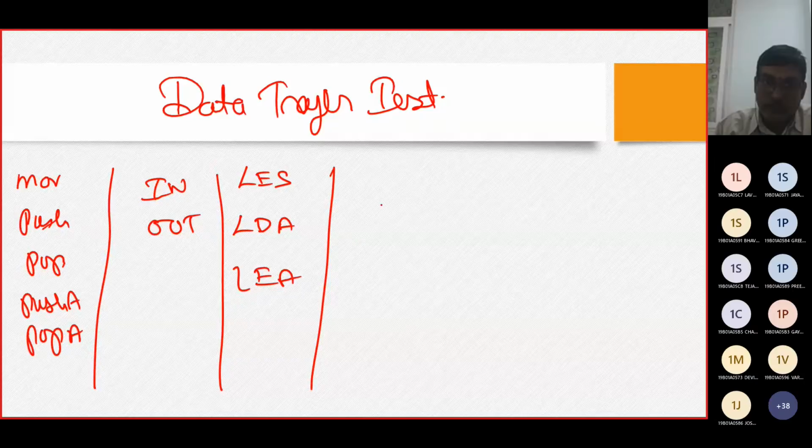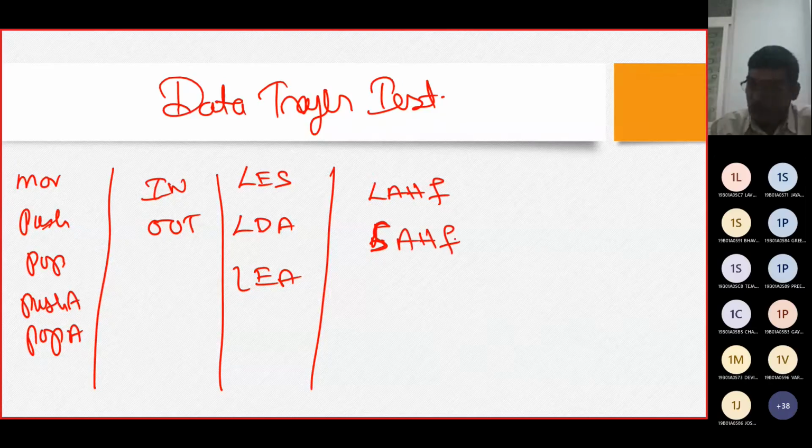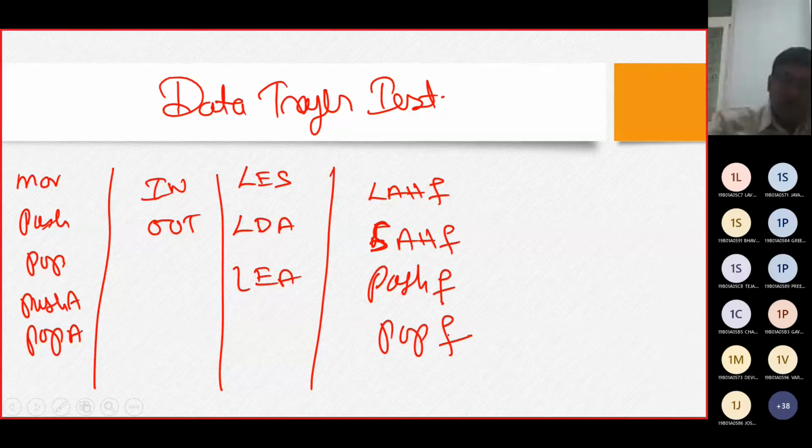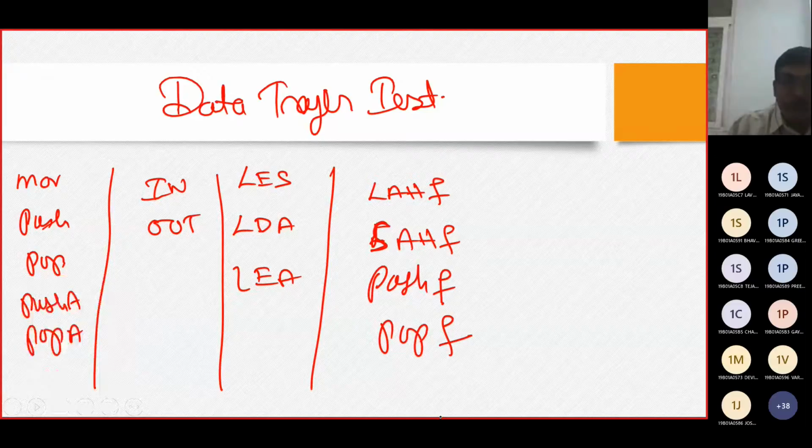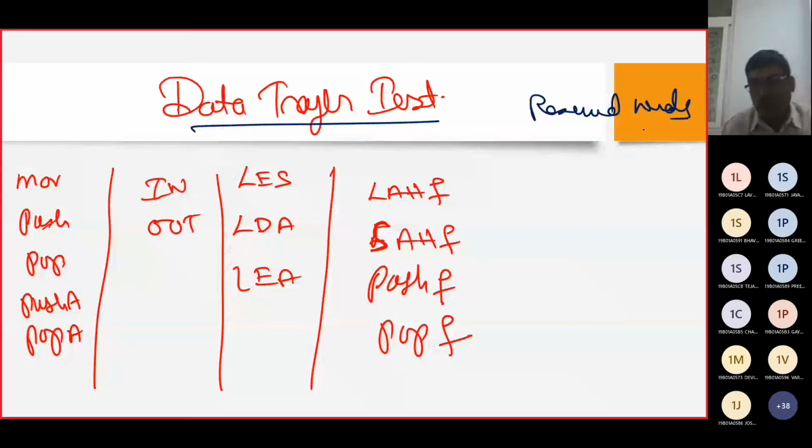After that, we discussed working with high order bits of the flag register, storing of high order bits of the flag register, and then pushing the flag register into the stack and popping the flag register from the stack. These are all the reserved words in the microprocessor, and all of this comes under the category called data transfer instructions.